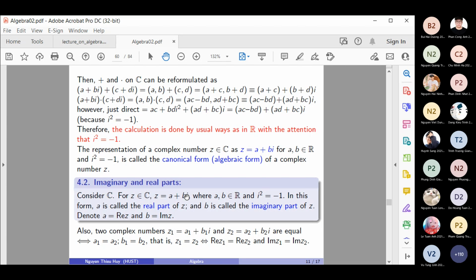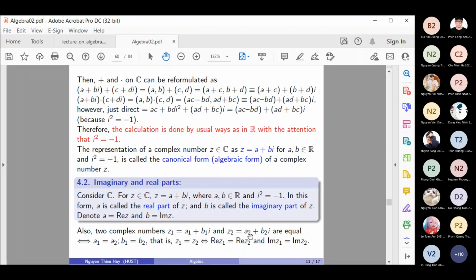And as usual, when we have a new object, we have to compare two elements, and the comparison here is very simple. Two complex numbers in algebraic form or in canonical form are equal if and only if they have the same real part and the same imaginary part. That is to say that z1 equal z2 if and only if Re z1 equal Re z2 and Im z1 equal Im z2.